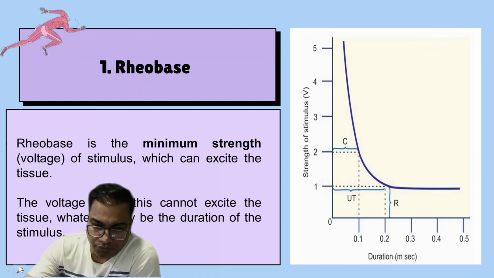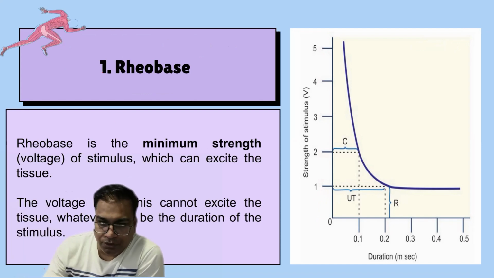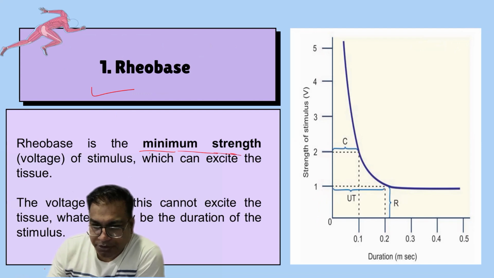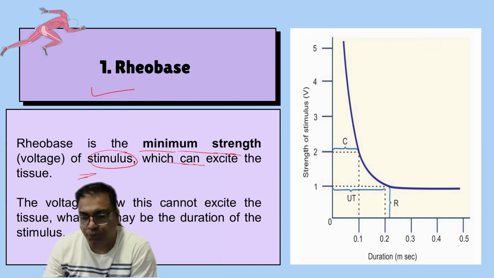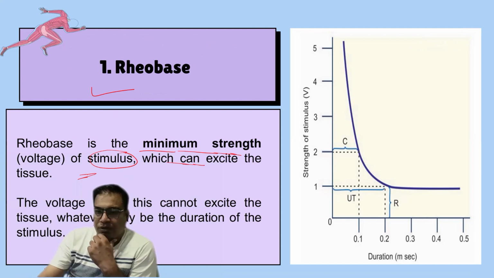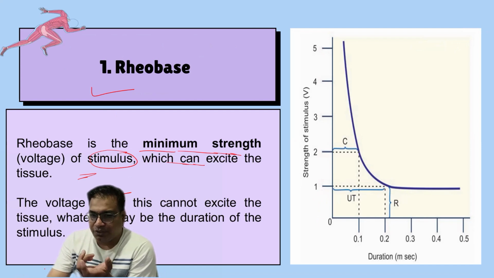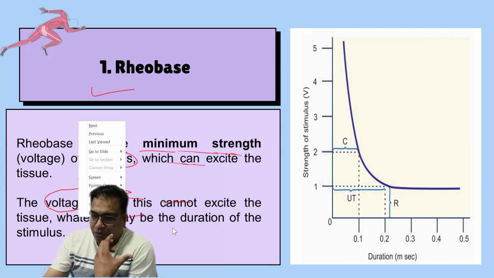Now come to the first. What is rheobase? Rheobase is the minimum strength of stimulus which can excite the tissue. So the minimum strength of stimulus which excites the tissue is called rheobase. If any stimulus has a strength or voltage below this level, it cannot excite a tissue, whatever may be the duration.